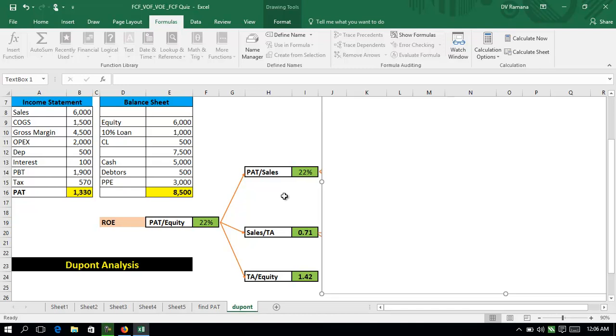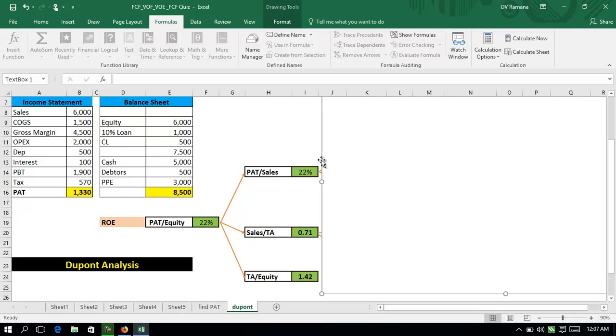So in this case, PAT by sales is 22%, sales by TA is 0.7, and TA by equity is 1.42, and PAT by sales into sales by TA into TA by equity will be 22%. But to understand the drivers better, each of these ratio can be further drilled down.